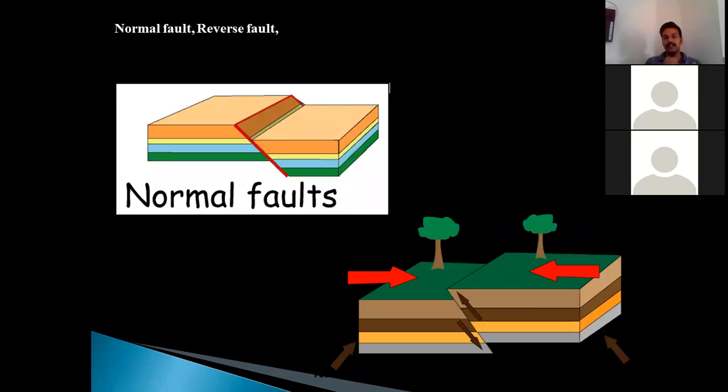Then we have seen that in genetic classification, genetic means they are classified on the basis of processes responsible for their origin. And here the normal fault and reverse fault are well-known examples, where in the normal fault the hanging wall is comparatively at a lower position, whereas in the reverse fault the hanging wall is at the higher position. So their apparent position or apparent movement decides their nomenclature.